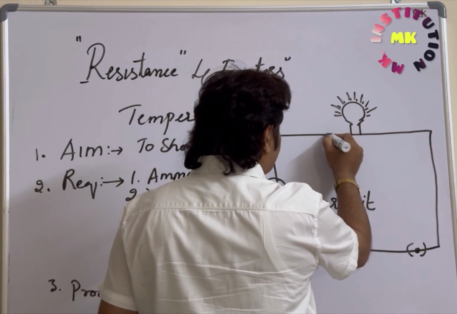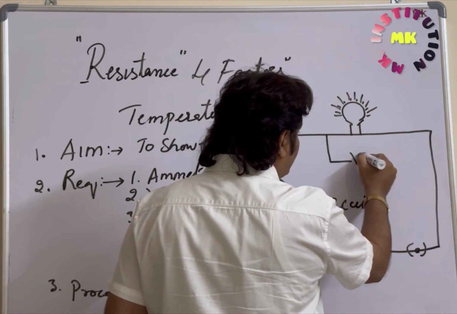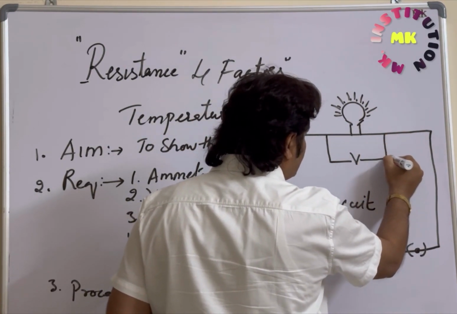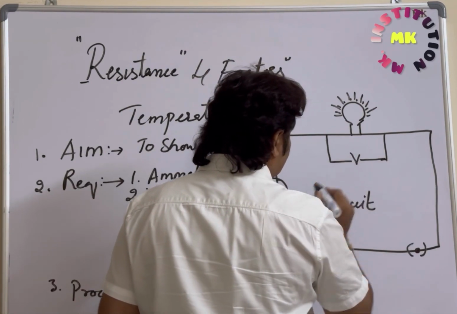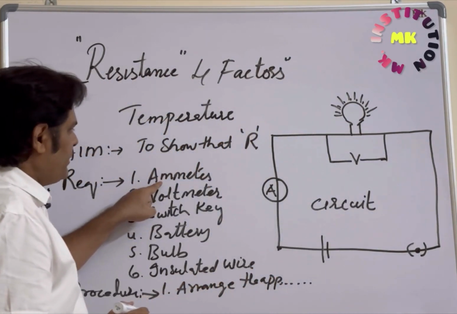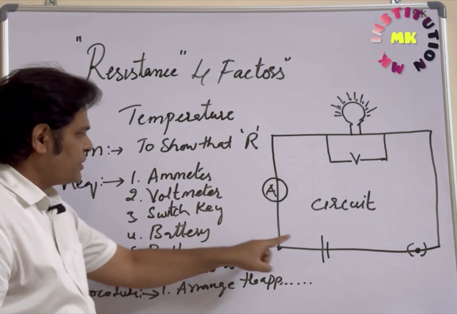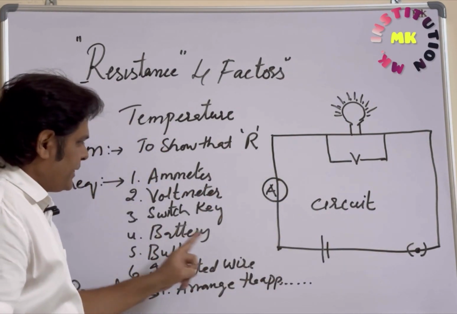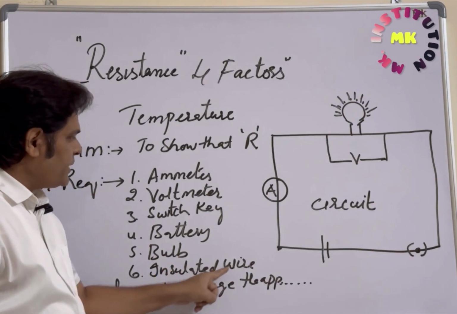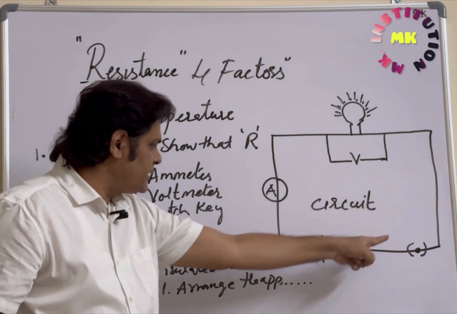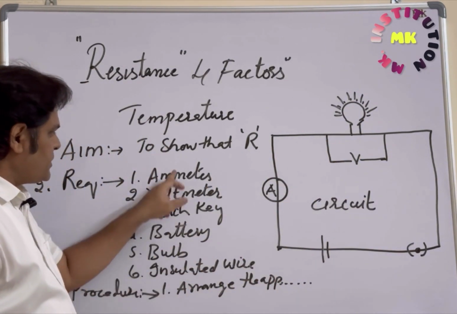And here you are keeping the voltmeter. Ammeter, voltmeter, switch key, battery, and insulated wire. This wire is the insulated wire.